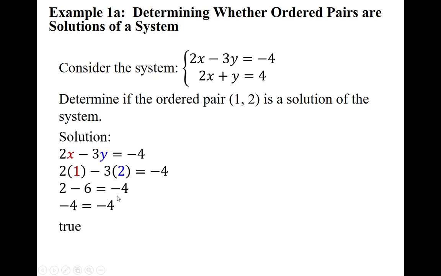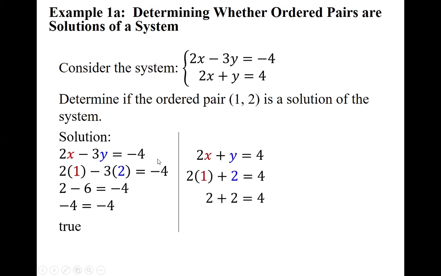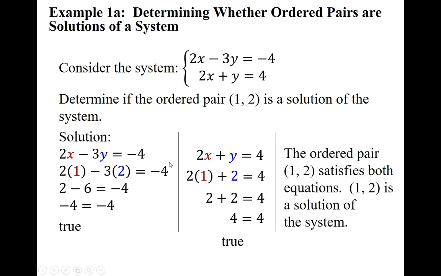Now we need to check and see if it is a solution to the second equation. Plug in 1 for x, plug in 2 for y. We get 2 plus 2 equals 4. That is also true. So the ordered pair (1, 2) satisfies both equations and is a solution of the system.